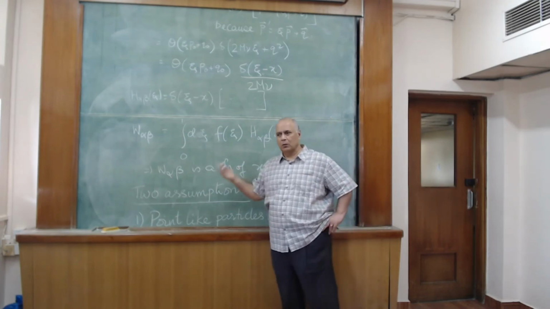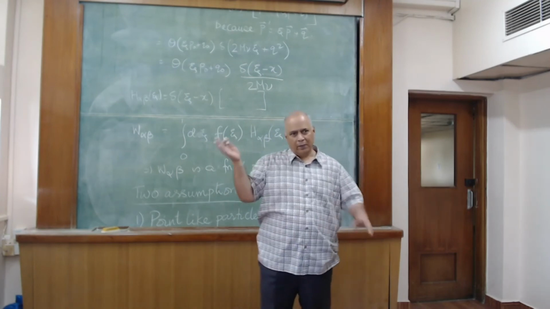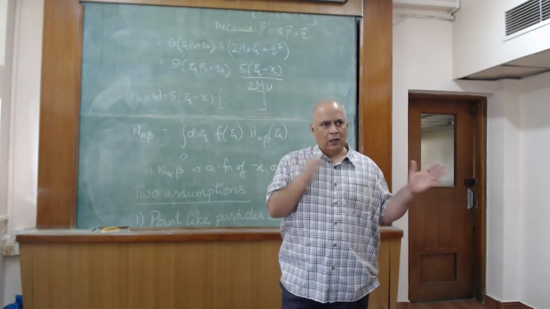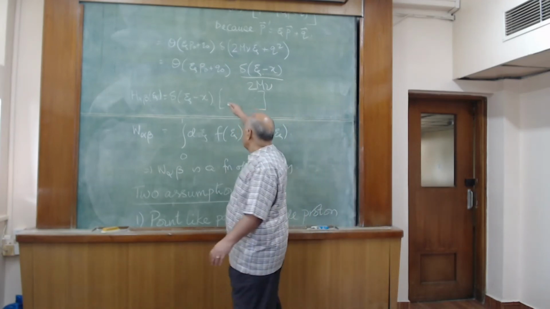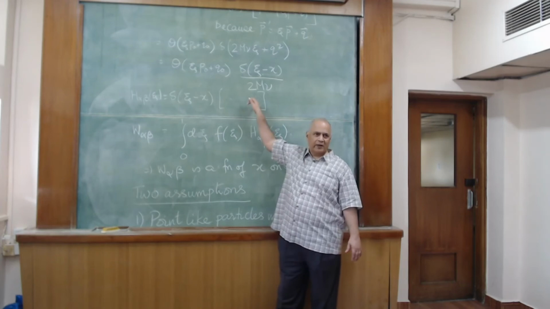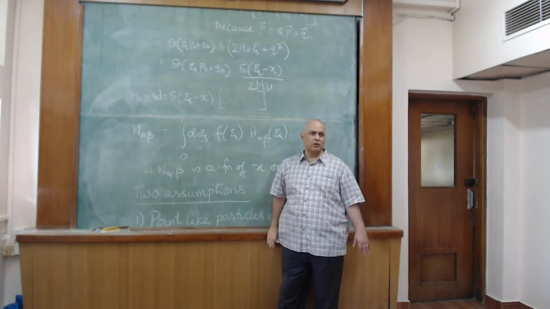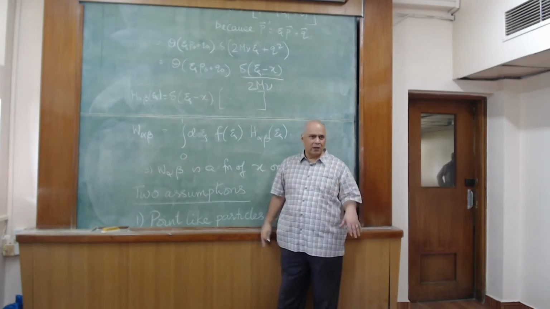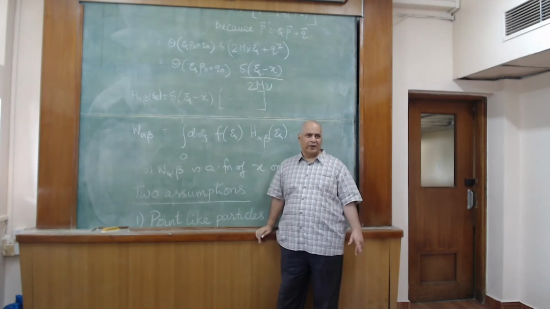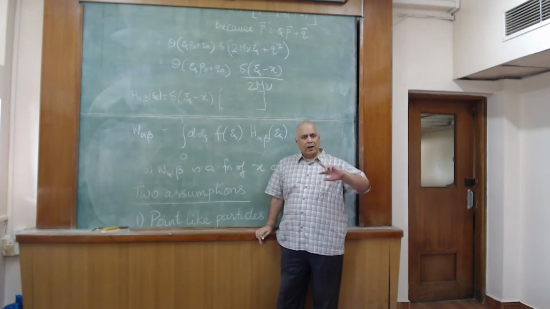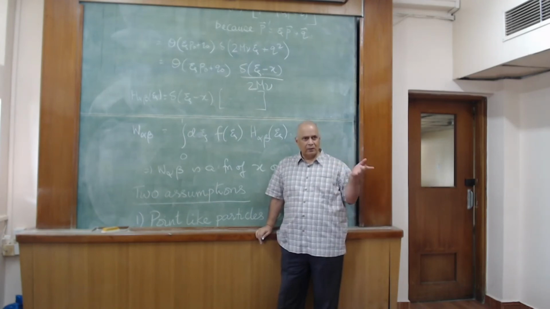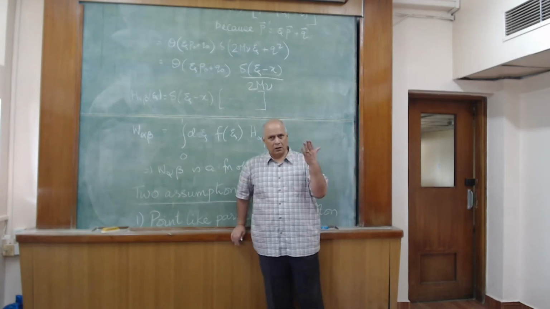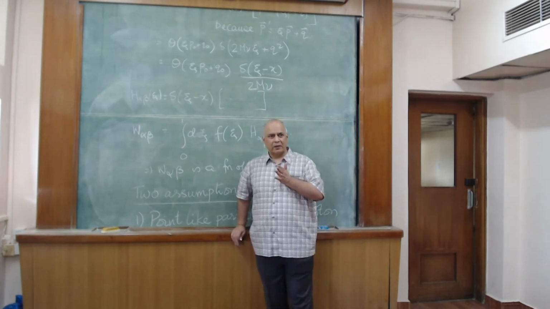And I compare it with the experiment. So if I assume that my partons are scalars, I get one kind of alpha beta dependence, whereas if I assume that the partons are spinors, I will get a different kind of alpha beta dependence. And then comparing it with experiment, I can tell whether the partons are scalars or spinors.